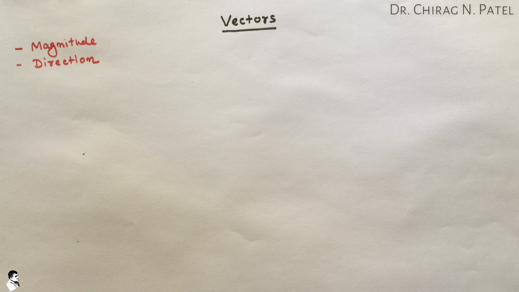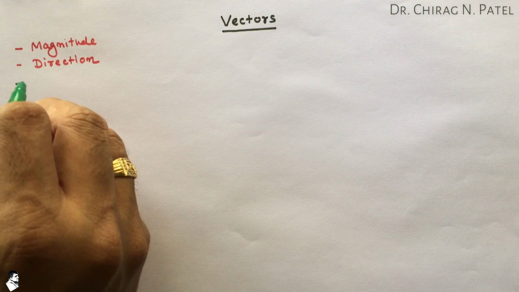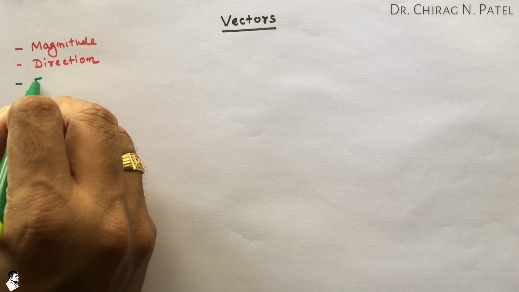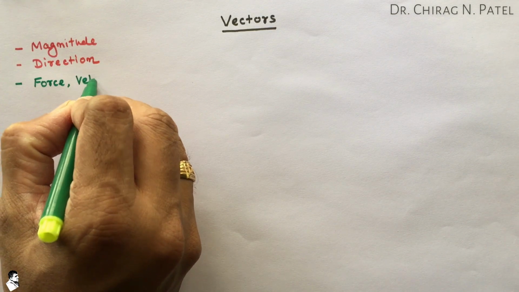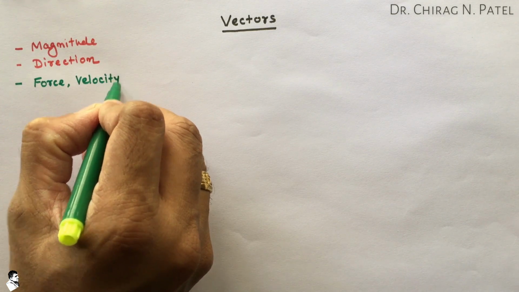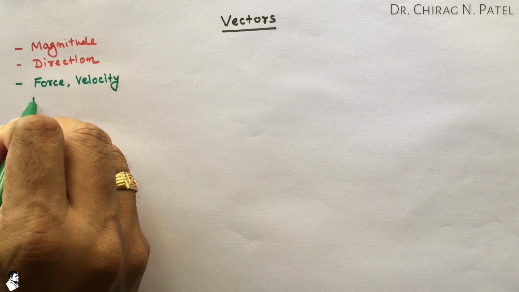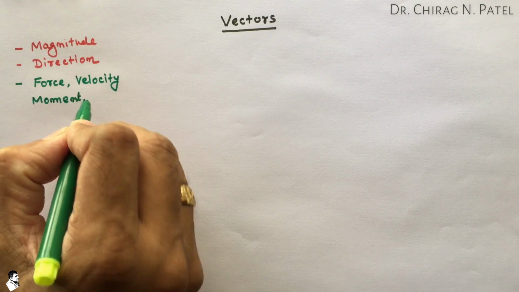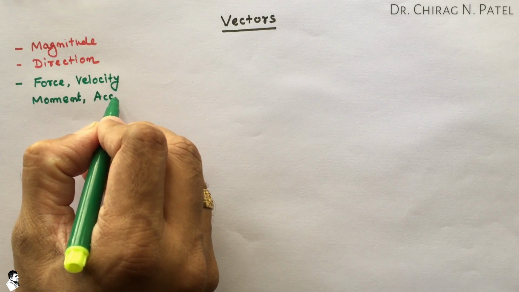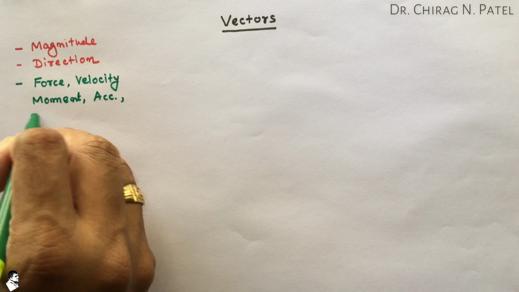These are the main entities that form a vector quantity. Examples of such vector quantities are force, velocity, moment, acceleration, displacement.